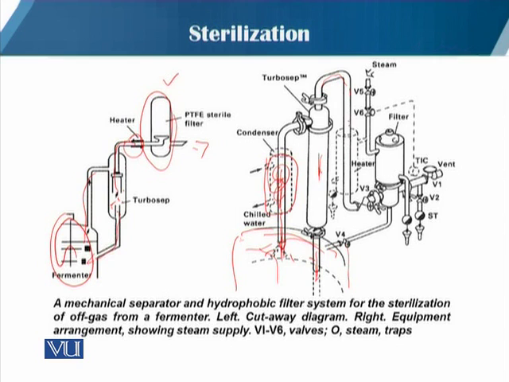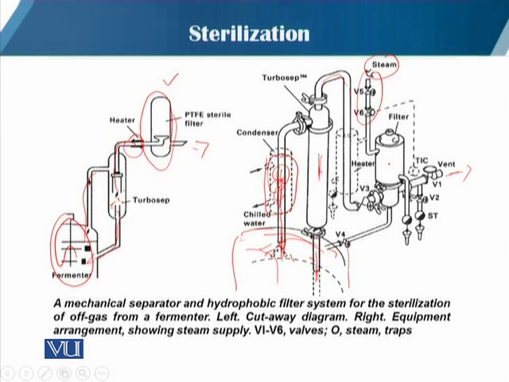Then the air goes by the heater, and then here is the filter. You can see how this is controlled, because this filter requires pre-sterilization. So there is an automatic on and off valve, this is the steam inlet, and then this whole chamber, and then there is the outside.